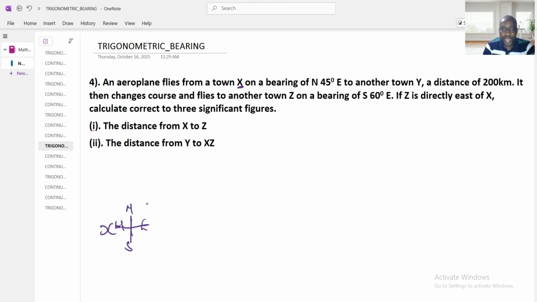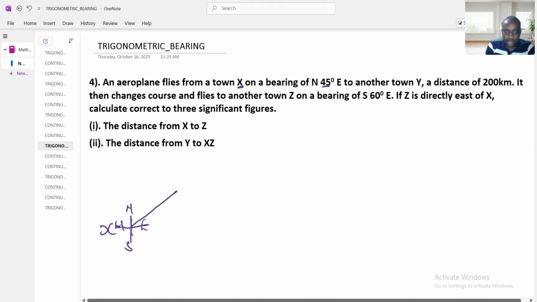Now we are told that it flies how many degrees? 45 degrees north to east. Let's say this is 45 degrees, the middle of the 90 degree right angle. That would be 45. This is the degree it flies, and we are going to label this town Y.